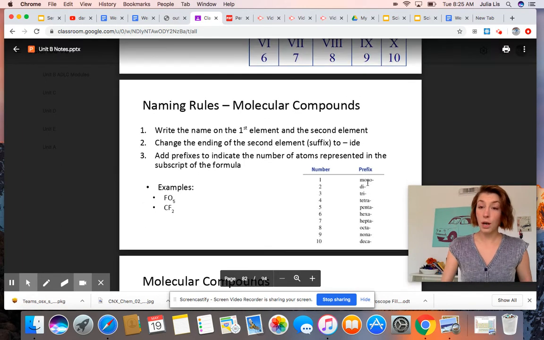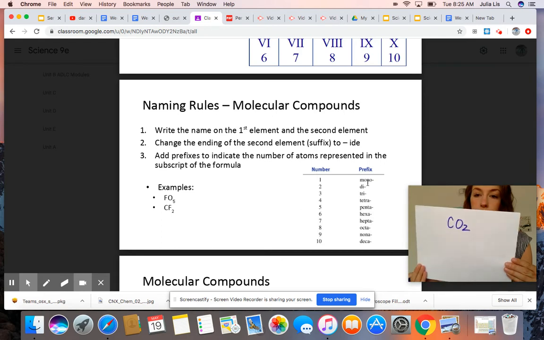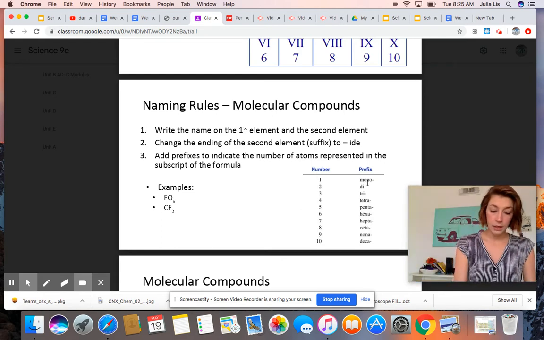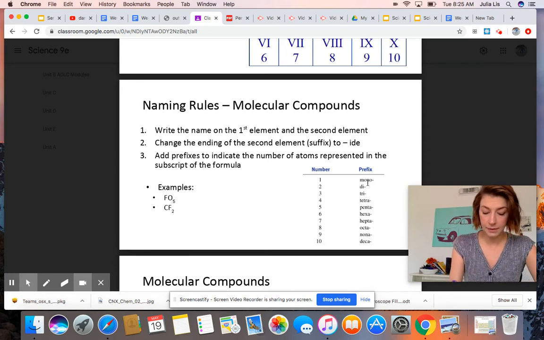We'll do one more, a common one that we always see. CO2. Okay. So C is carbon again. And then 2, dioxide.